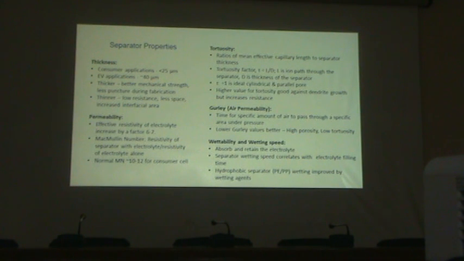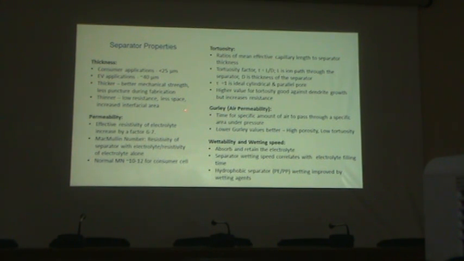Ideally, if tau is 1, you have ideal cylindrical and parallel pores standing right through the separator. That is the ideal case, which you never get. So any tau value close to 0.75 is considered quite good for consumer applications.